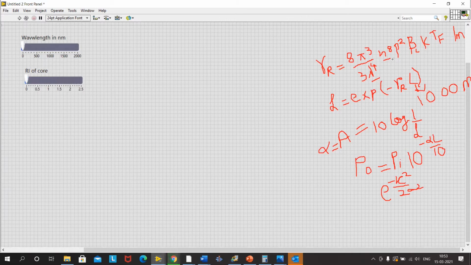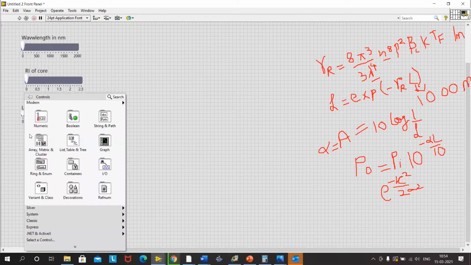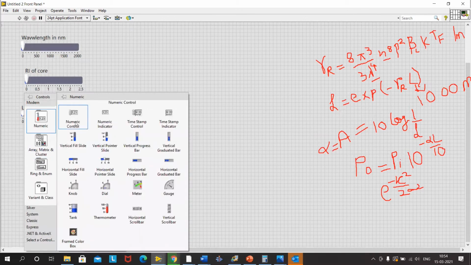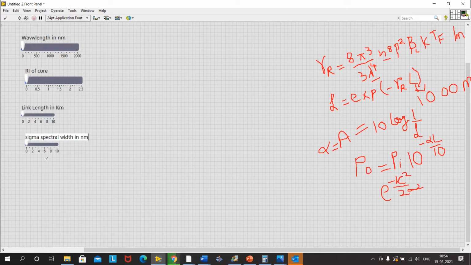The other parameters that we require as input are the length in kilometers, then the spectral sigma value, the spectral width in nanometers. Now we have all our input parameters.